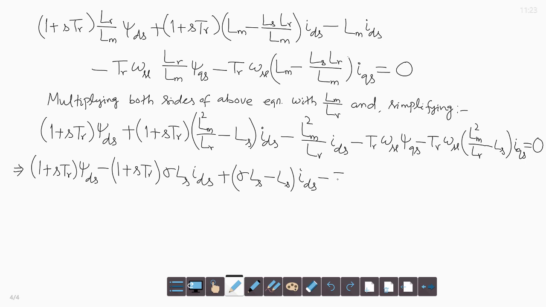Minus Tr omega sl into psi qs plus Tr omega sl sigma Ls Iqs equals 0, because the last term is minus sigma Ls, so minus is multiplied with minus. So, plus sigma Ls Iqs equals 0.